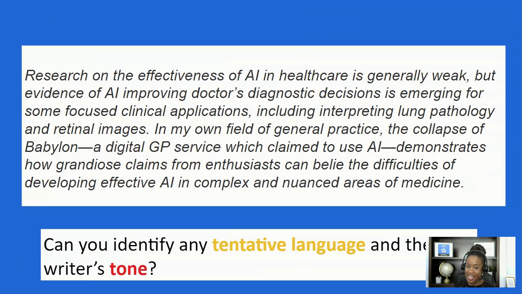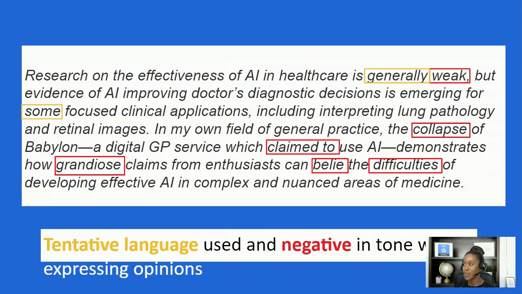Okay, so here's what I notice. We do have some tentative language being used, like generally, some, for example. So this is when we're not being 100% certain about what we're saying. And then what's interesting is that we can pick up a lot of words used that give quite a negative tone, such as collapse.